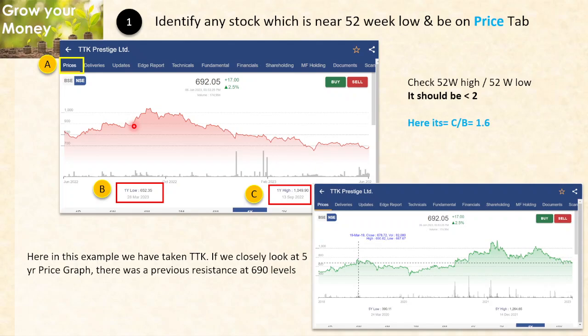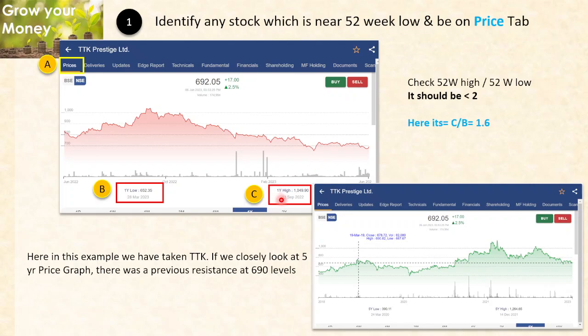As I had mentioned in my last video, anytime if you want to get into a short term or a long term investment on a particular stock, the ideal time is when the stock has moved at least 10% or 15% from its low. So when you move from the right side, you should see the graph. You should get the low price first and then the high price here.